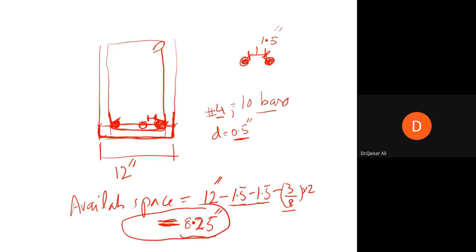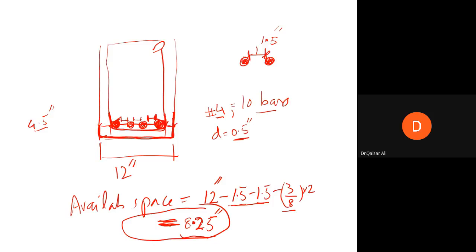So half inch plus 1.5 inch is how much? 2 inch, and then another 0.5 inch, 3 inch, and then a space of 1.5 inch again. So there will be 3 spaces of 1.5. 1.5 multiplied by 3 will be 4.5 inch.